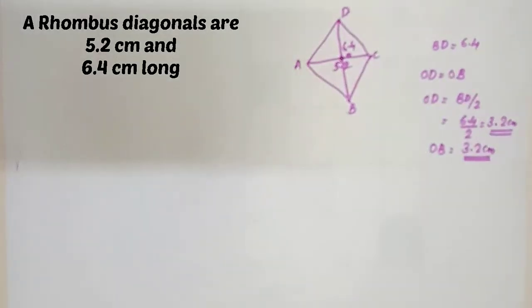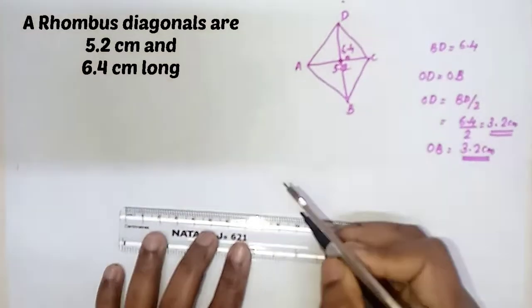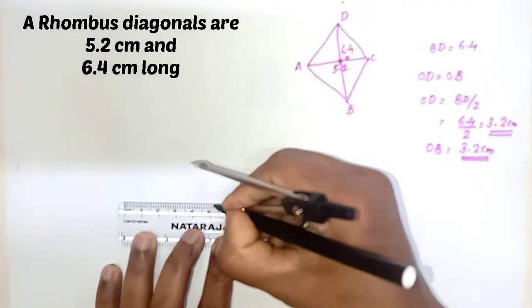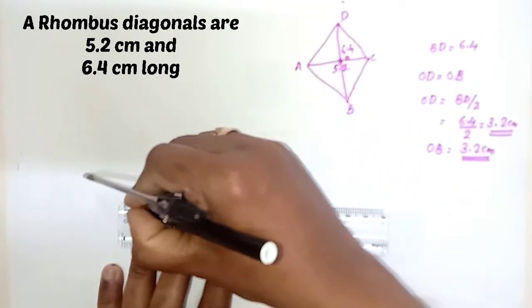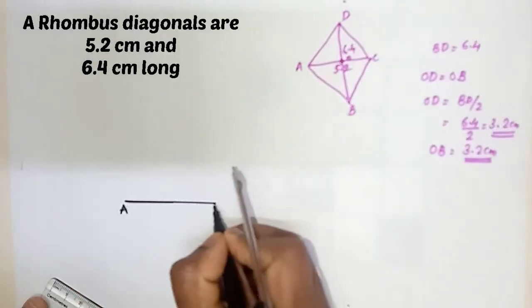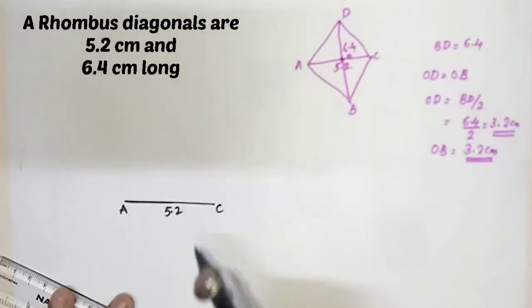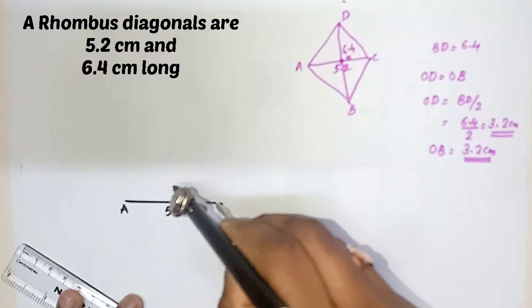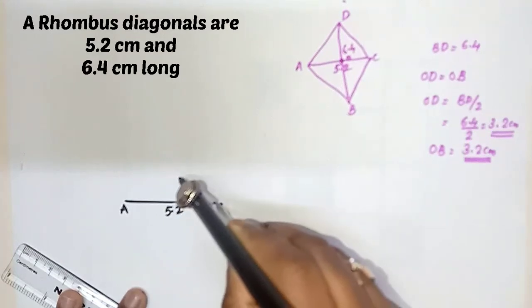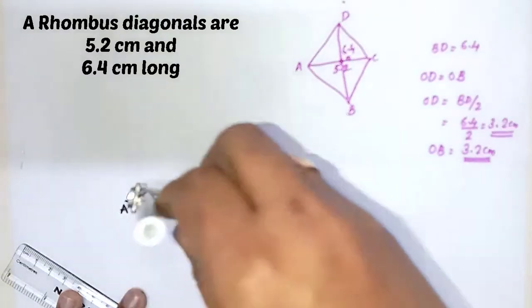Now we can draw rhombus ABCD. First we draw AC. Diagonal AC 5.2 centimeter. Then we can draw the perpendicular bisector. How can we do it? With center C, take more than half the radius of 5.2.